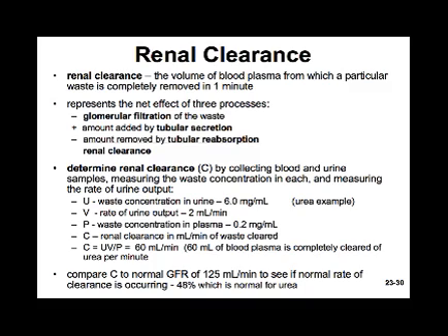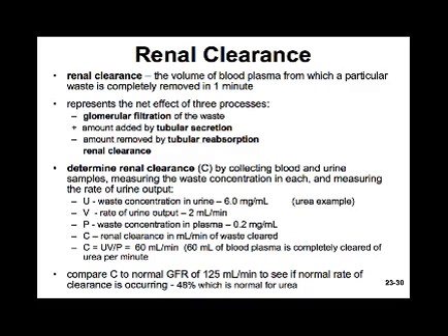And it represents the net of all 3 processes: glomerular filtration of waste, then we add the amount of that waste added by tubular secretion, and then you subtract the amount removed by tubular reabsorption. And that's our net renal clearance. We can't separate out those values.